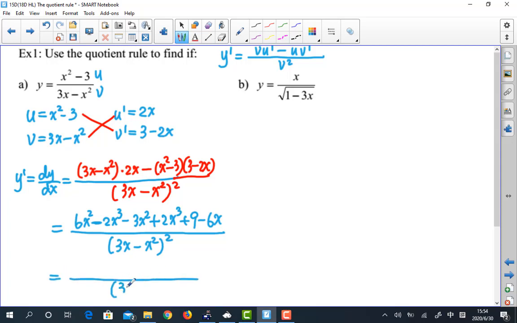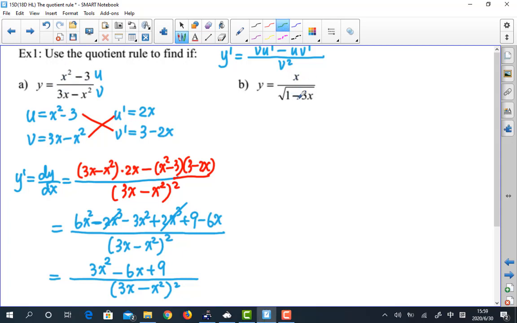Combine the like terms. So it should be these two cancel out. 6x squared minus 3x squared, 3x squared minus 6x plus 9. So this is the simplified result for the derivative function of this function.